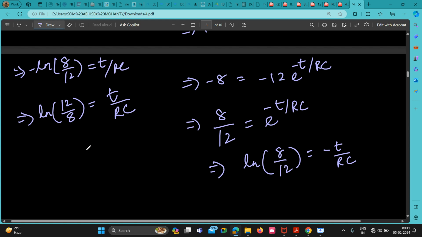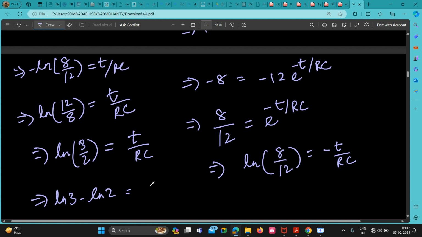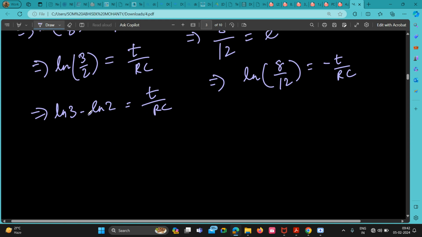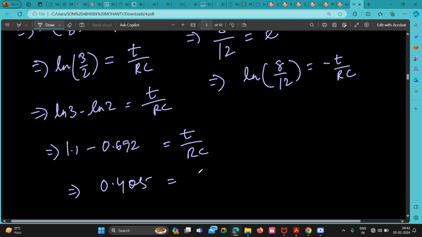Dividing by 4, it is ln 3 by 2, which is ln 3 minus ln 2, as we did in the previous question. ln 3 is 1.1, ln 2 is 0.692, so subtracting gives around 0.405 is equal to t by RC.